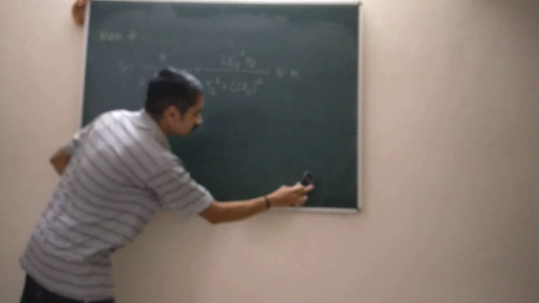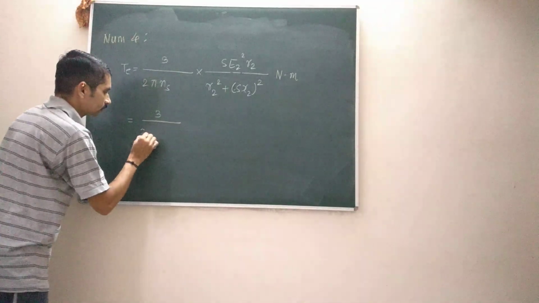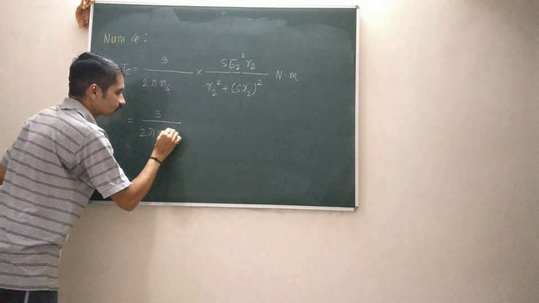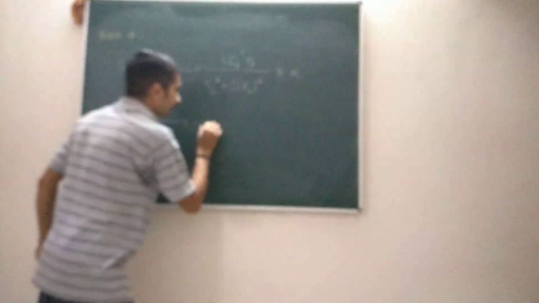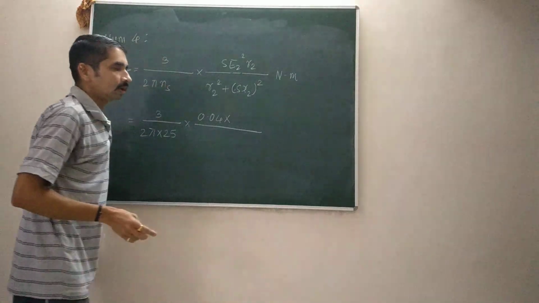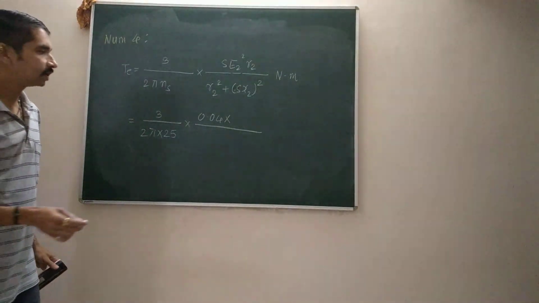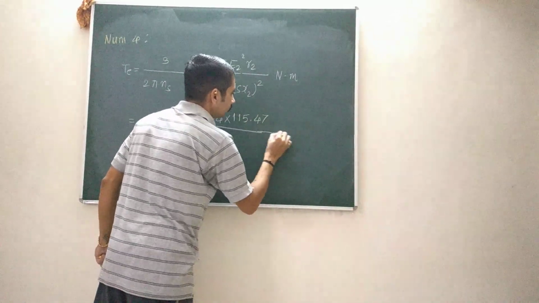So let us try to substitute the values and get the answer. It will be 3 over 2 pi Ns. Speed in RPS will be 25, multiplied by value of slip 0.04. Rotor induced EMF per phase is 115.47 square.